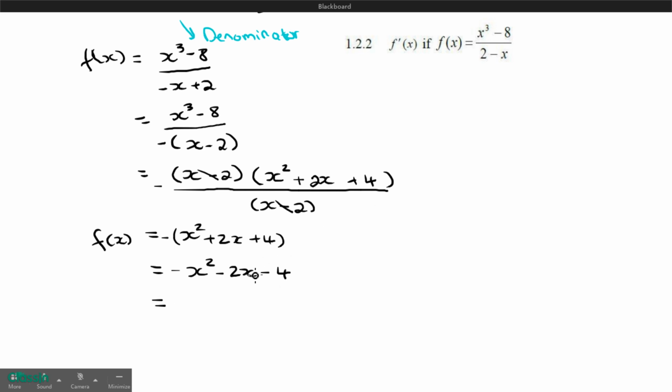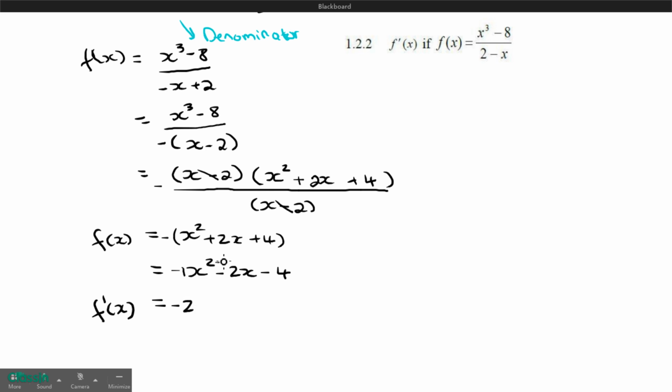Now, from there, we start to differentiate. The question was determine the f prime of x. Now, once we have this, it means that we say 2 multiplied by negative 1, because the number there is negative 1. 2 multiplied by negative 1, the answer is negative 2.